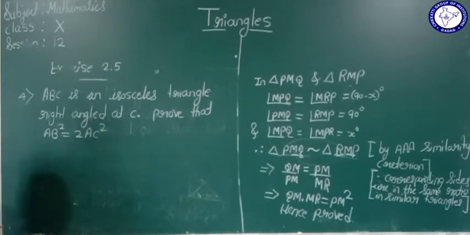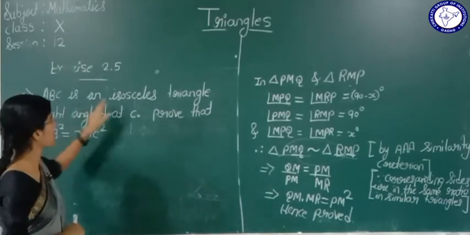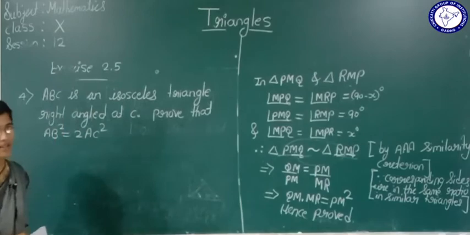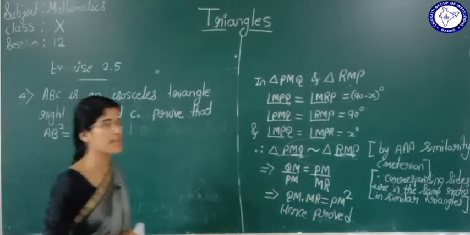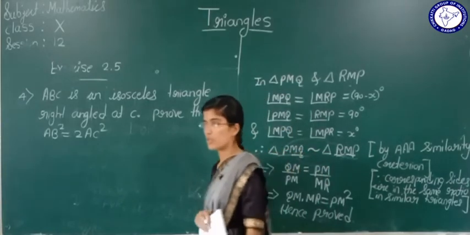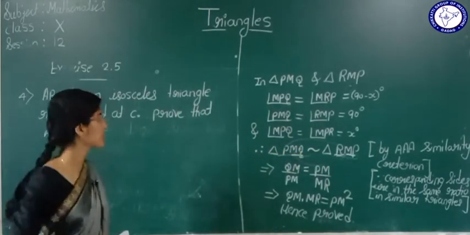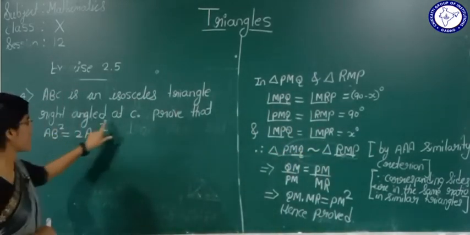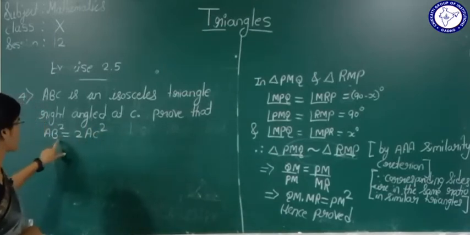What is an isosceles triangle? It is a triangle in which two sides are equal.